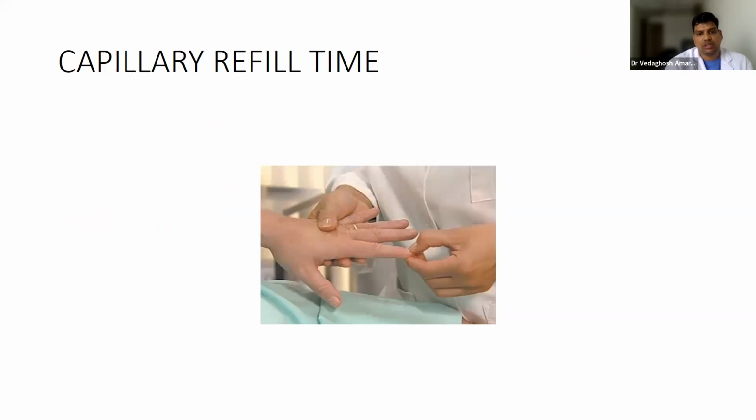So what is capillary refill time? Capillary refill time is a simple bedside test, which is an indicator of tissue hypoperfusion. In this test, you press the nail bed for a few seconds until it turns pale, and you release it, and you wait for the return of the color in the same nail bed. If the color returns to normal in less than 3 seconds, you can tell the patient has adequate perfusion.